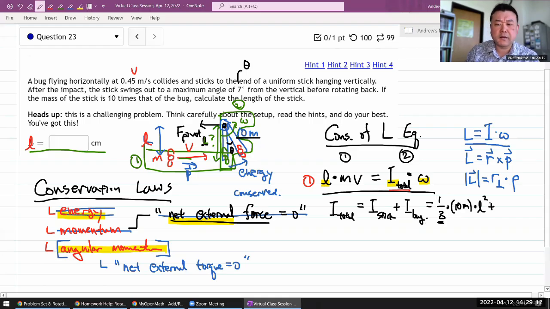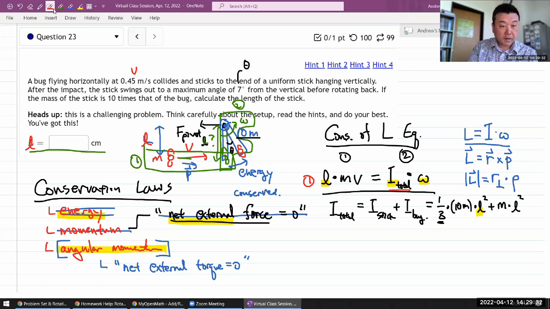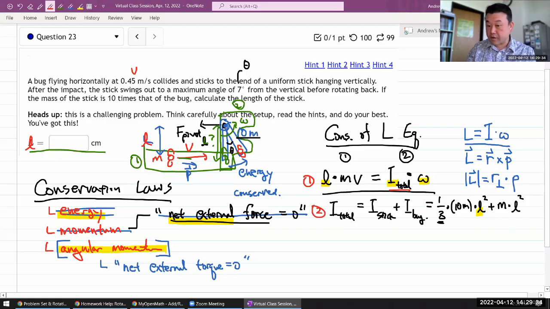For point masses, the rotational inertia is their mass times their distance from the pivot point squared, so L squared. Looking at this, I either know everything or it's a quantity I've already counted as an unknown. So let me do this as my second equation. Then I still have three unknowns and two equations. I'm making progress. I just need one more equation.